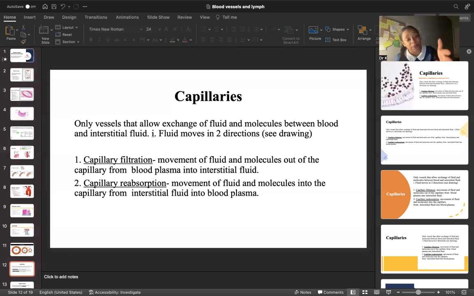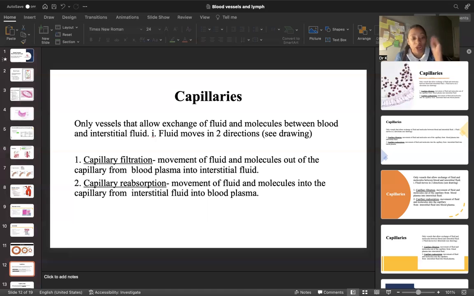Not only do capillaries exist in this form and function here, but these capillaries exist in your kidneys, and your kidneys are involved in the movement of fluids so you can pee out waste, right? So when you say fluid exchange, okay, exactly. But they have specific terminology, like urea. They want you to talk about this stuff.